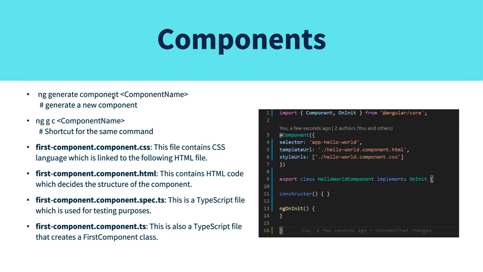If you don't want to type the whole command, you can use ng g for generate, c for component, then the component name. And there were the four files, and every file we studied is linked to the component.ts file, where Angular sees exactly where the HTML file and the CSS file are, and the logic inside that component.ts file.